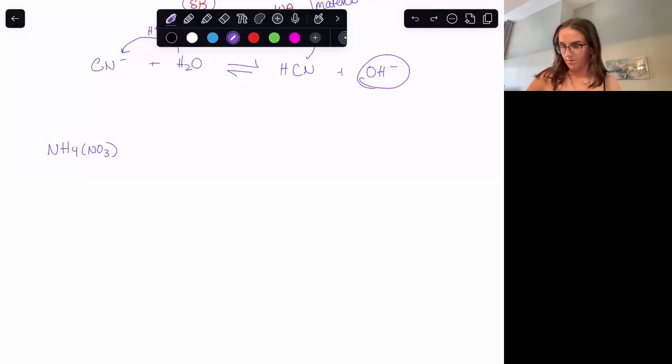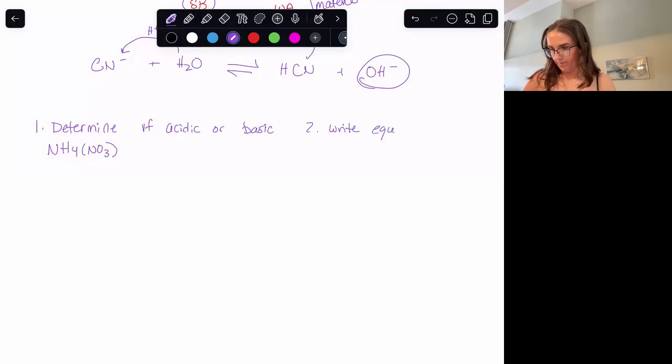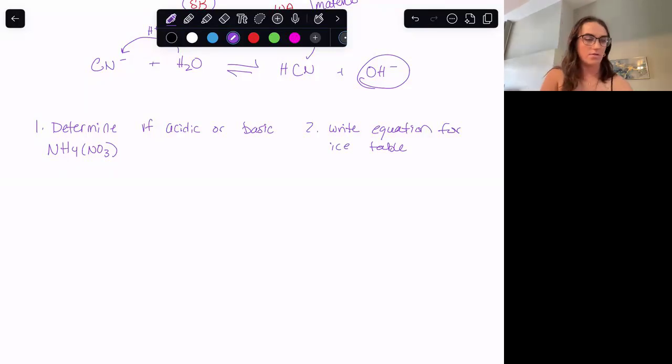Let's say determine whether NH4NO3 is acidic or basic. All right, so answer those two questions based off of NH4NO3. Okay, I'll give you a couple minutes, right? And we'll talk about it right before we end the session.